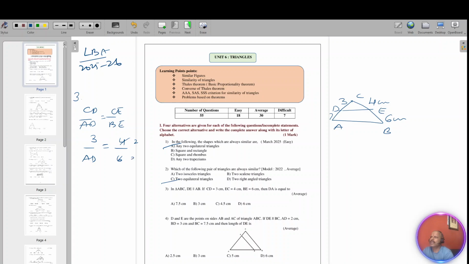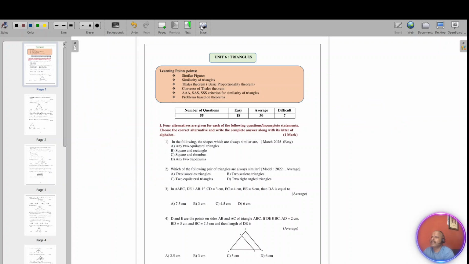So 3 by AD is equal to 4 by 6, AD is down, right? So AD is equal to 9 by 2, that is 4.5 centimeter. We'll see the fourth one.